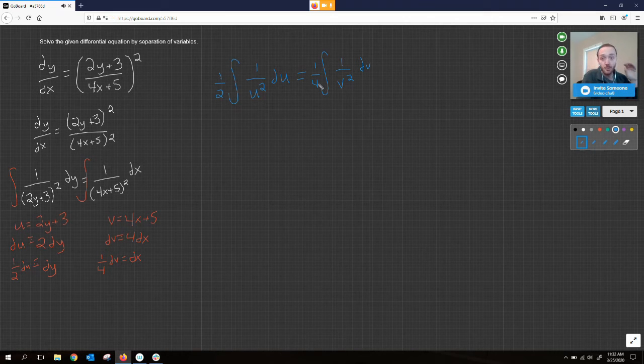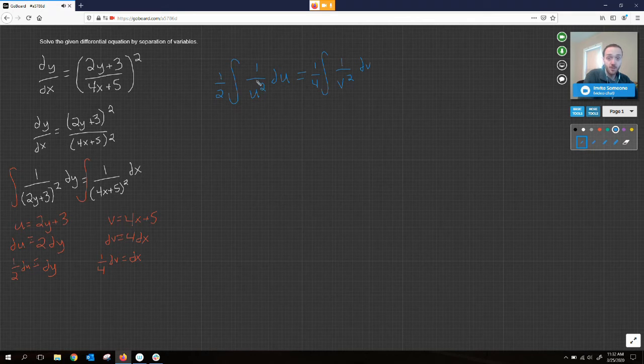But that only applies when it is the linear term with u, or like a u plus 3 or something like that, where you can turn that into a natural log. When you have a squared here, you cannot use the natural log as the antiderivative. You need to express this in a different way.